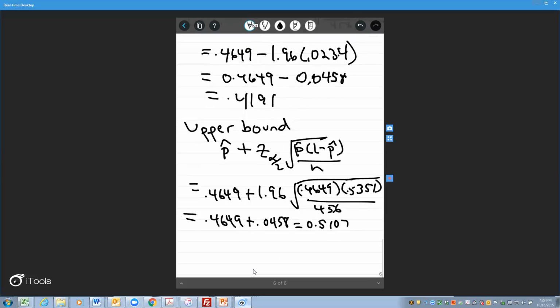So our 95% confidence interval is 0.4191 to 0.5107.